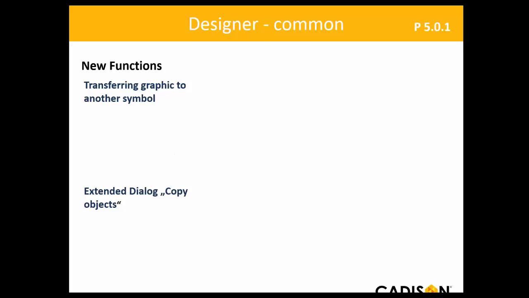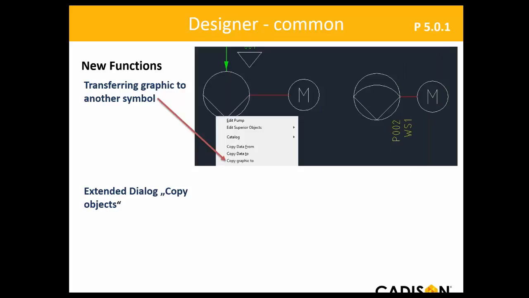One of the, I would say, very interesting functions is transferring the graphic to another symbol. If you're looking here, if you open a drawing and you select one of the objects with the context menu, then you will have a new entry called copy graphic 2.